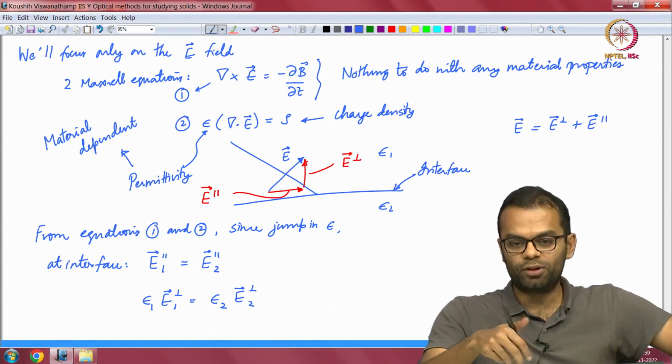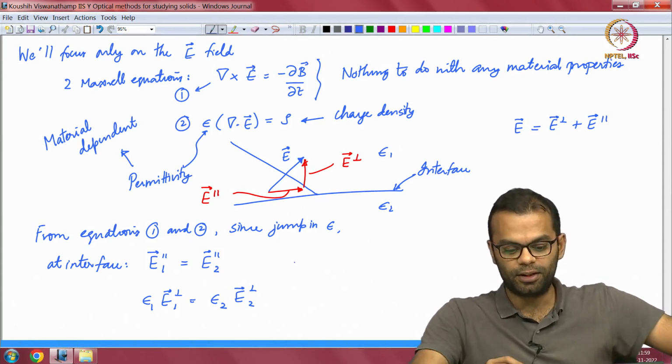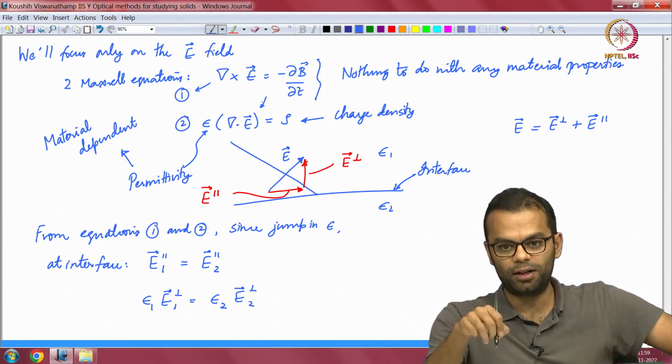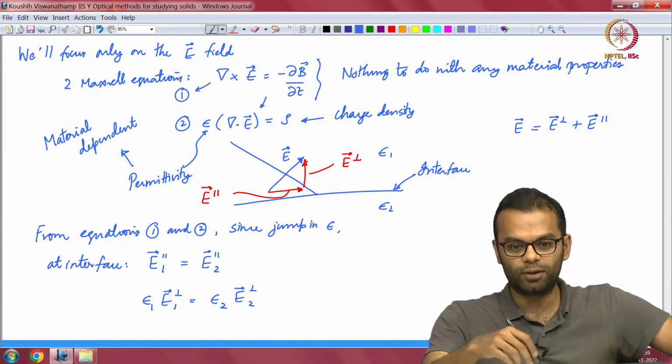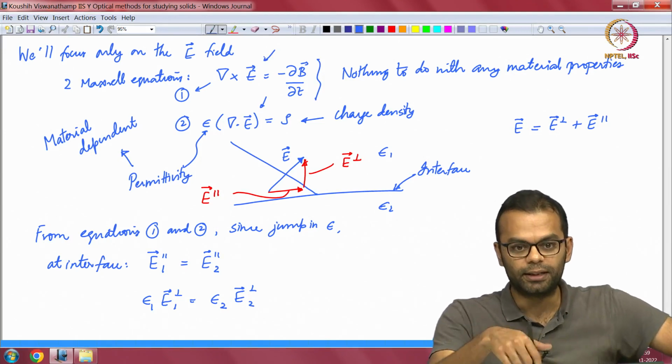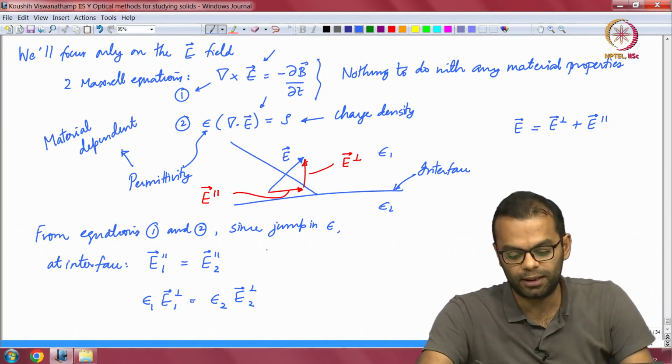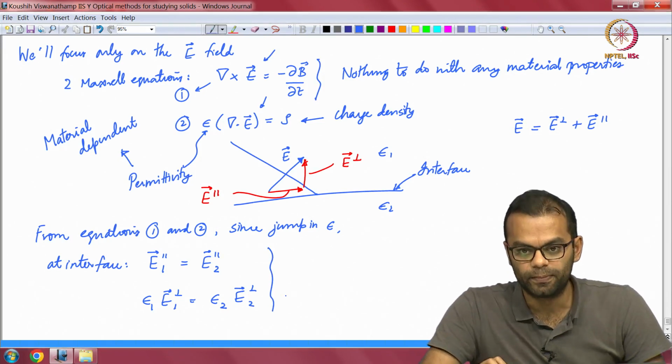I am not going to derive these because you can apply the divergence theorem to this equation, take a small pill box and then you can derive this, you can apply the Stokes theorem to this and get this and so on. So, we will leave out the derivation, but nonetheless this is what it boils down to.